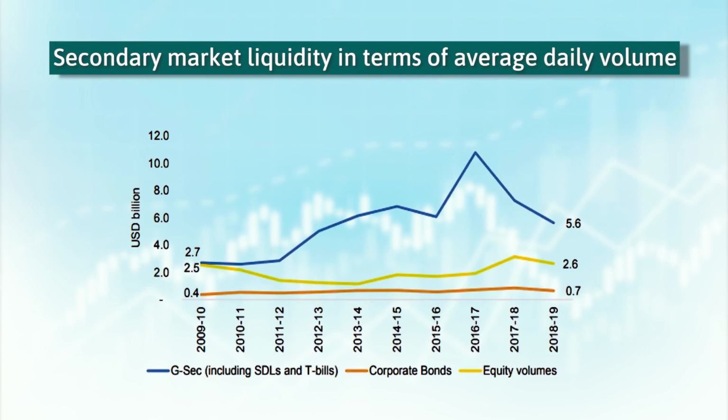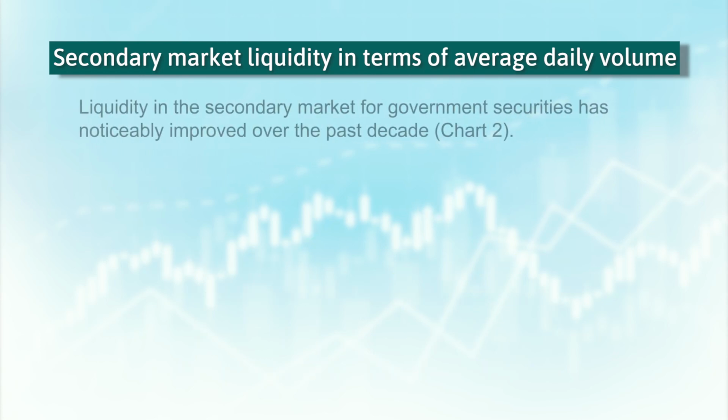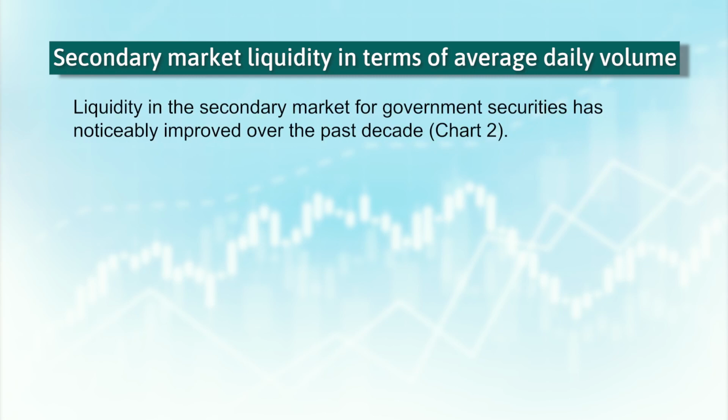In this diagram, we find the secondary market liquidity in terms of average daily volume, where you have the blue lines showing the government securities, the orange line showing that of corporate bonds, while again the yellow line shows the equity volumes. So we find that the liquidity in the secondary market for the government securities has noticeably improved over the past decade.